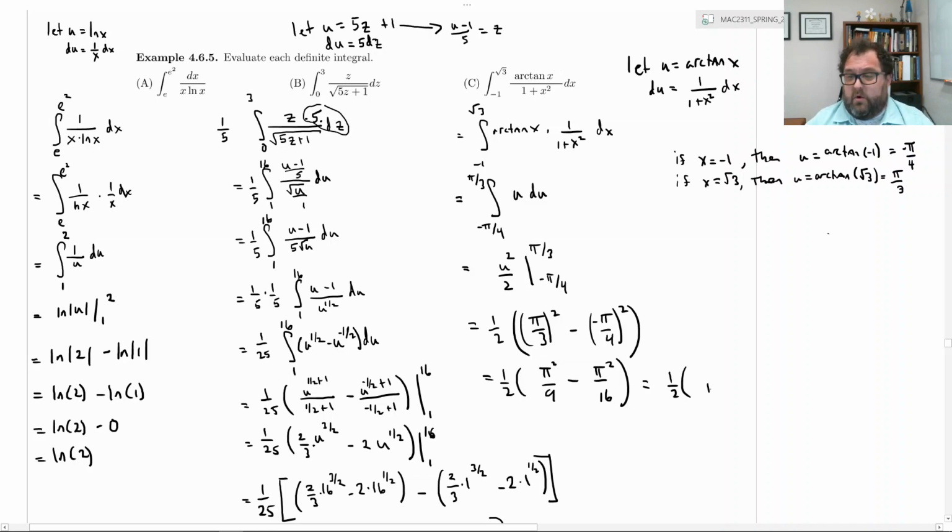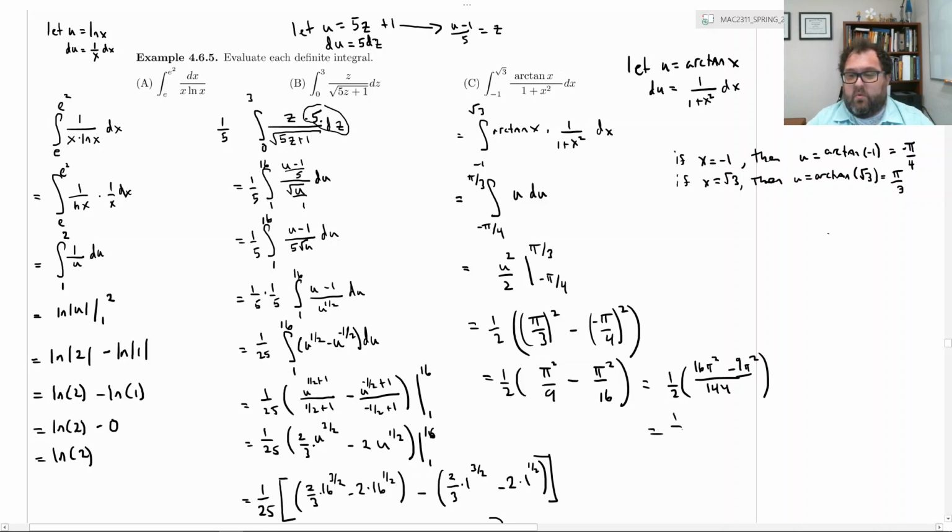So let's do 144. To do that, we would need to multiply the left fraction by 16 over 16. So that's going to give us 16 pi squared. And to get the common denominator, we multiply the right fraction by 9 over 9. So minus 9 pi squared.